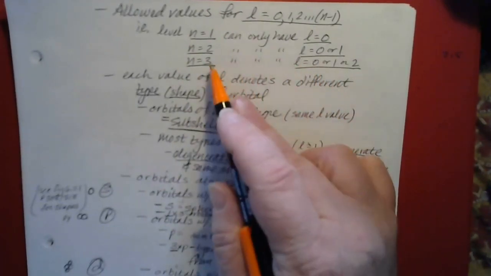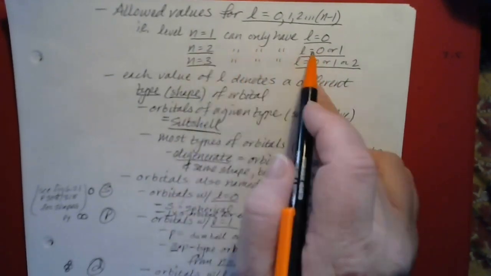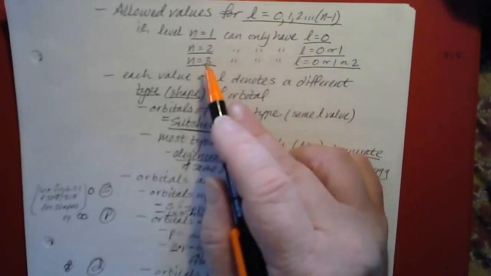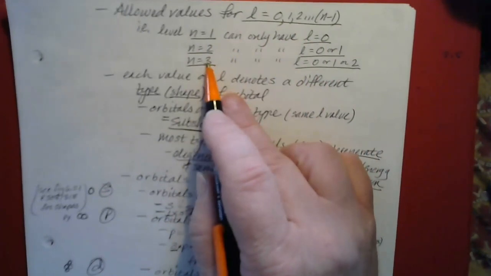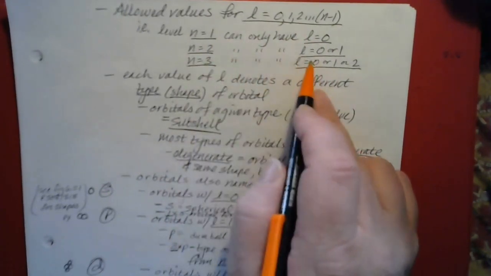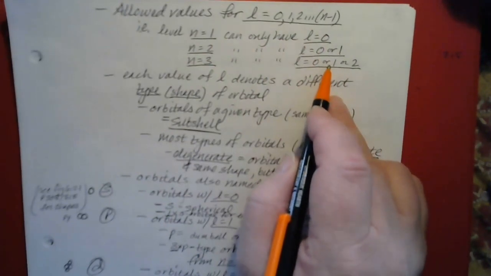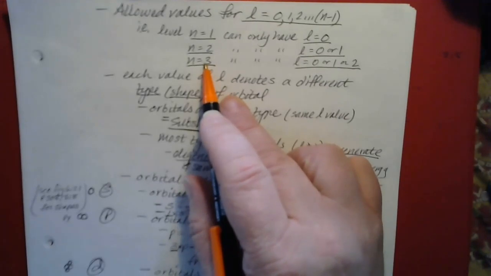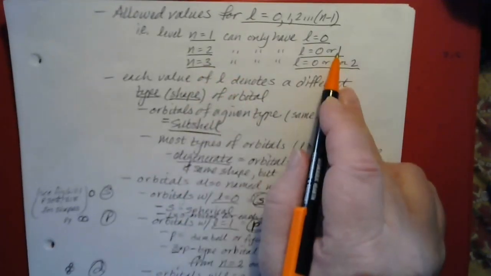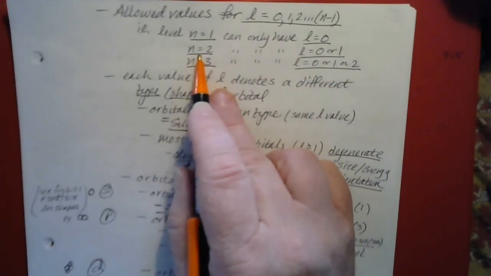L equals 0 in n equals 3 would be the same shape as L equals 0 in n equals 2, and the same shape as L equals 0 in n equals 1. The difference would be the size and the energy. The size would be bigger and the energy would be greater, but the same shape. L equals 1 in the third principal energy level would be the same shape as L equals 1 in the second principal energy level.